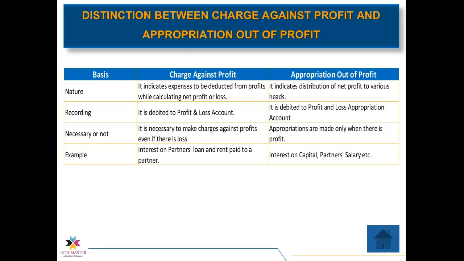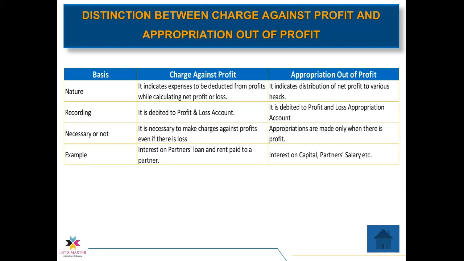Whereas appropriations are made only when there is sufficient profit. So if we don't have sufficient profit, we will not be transferring anything to the reserve account.